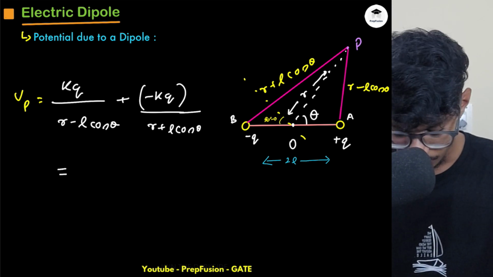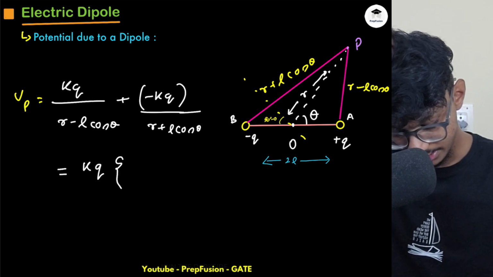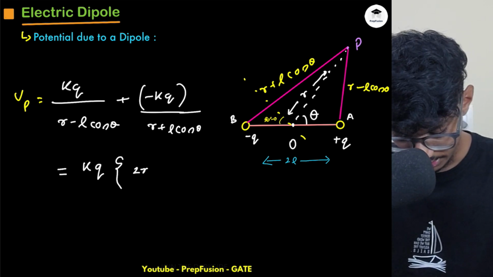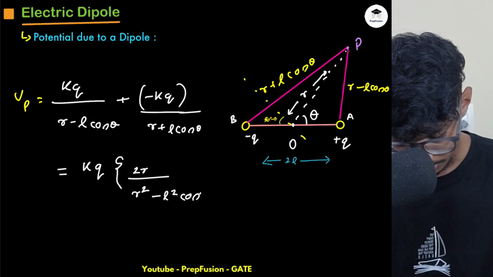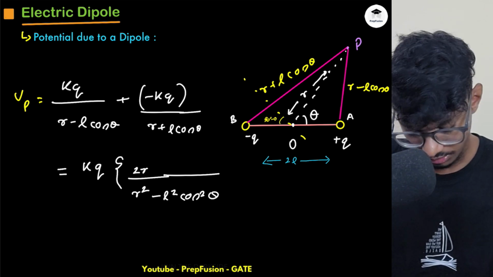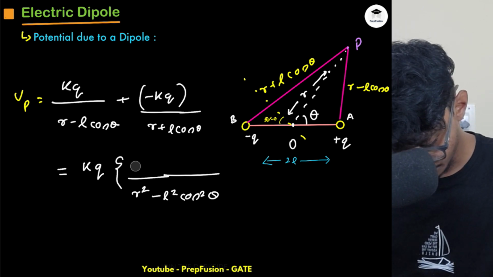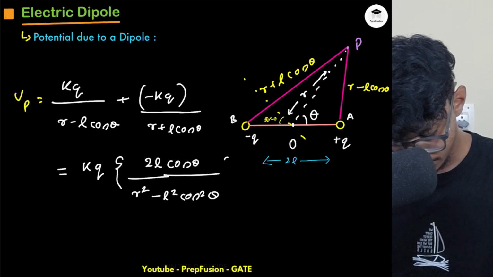Overall, if I take kq common, at the top and at the bottom this is r square minus L square cos square theta. This is minus, right? So actually 2r will not come, 2L cos theta will come.